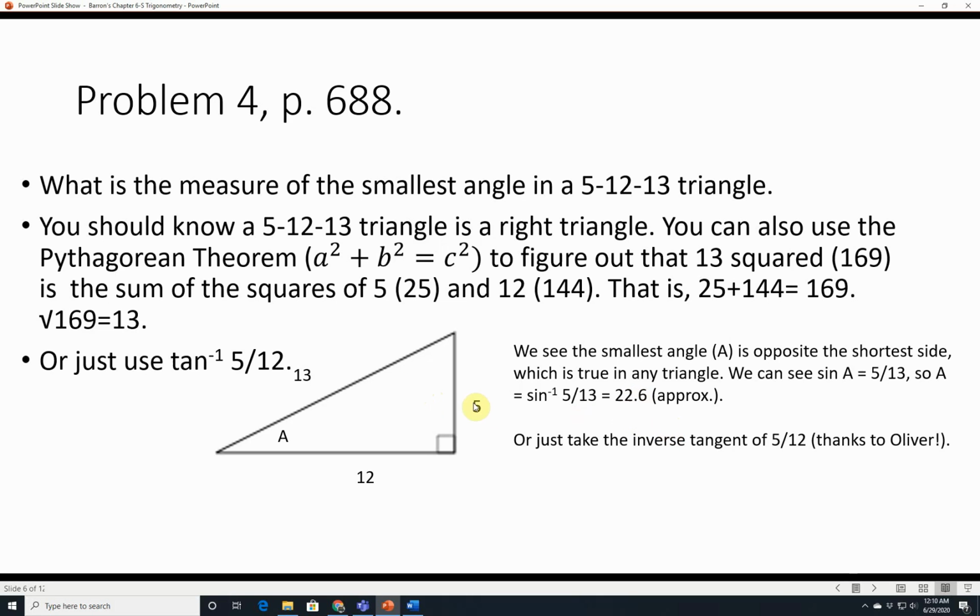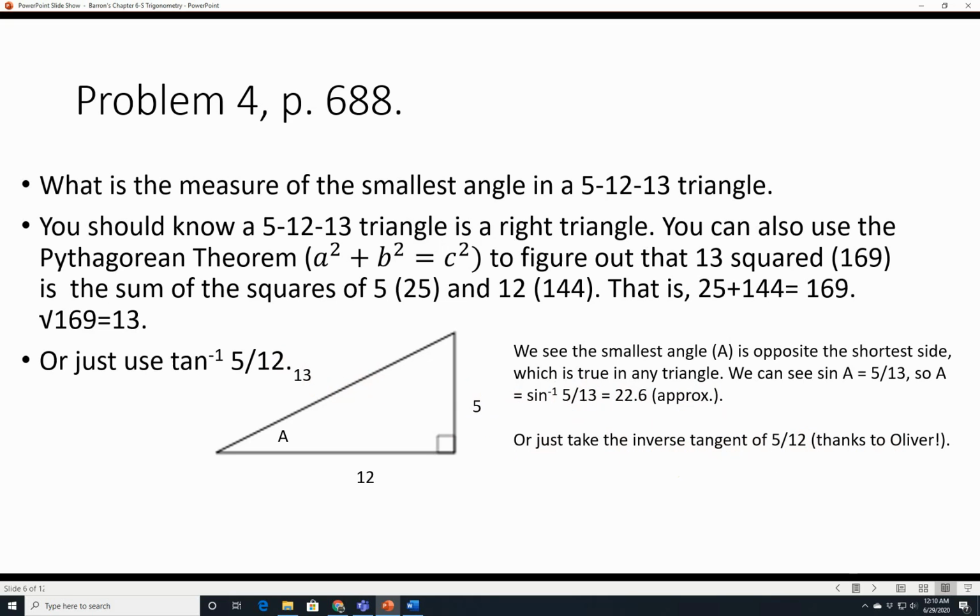You can also just go 5 over 13, which is the opposite over the hypotenuse. Take the inverse sine of that. That's also 22.6. And Oliver, one of my students, actually pointed out the inverse tangent method, which is a little bit quicker than doing it 5 over 13, but they're pretty similar.